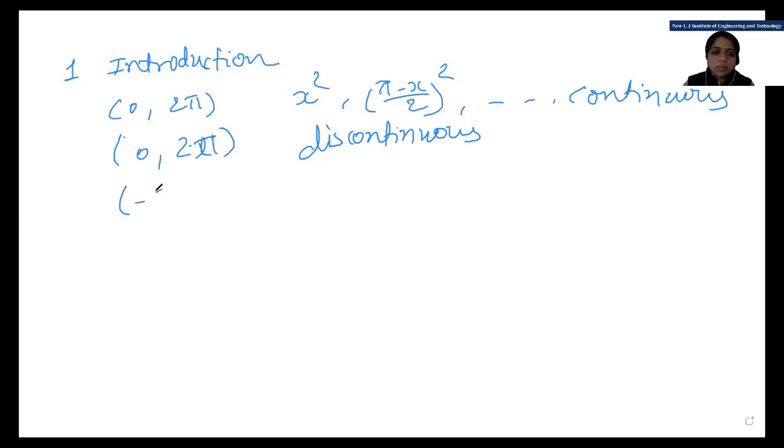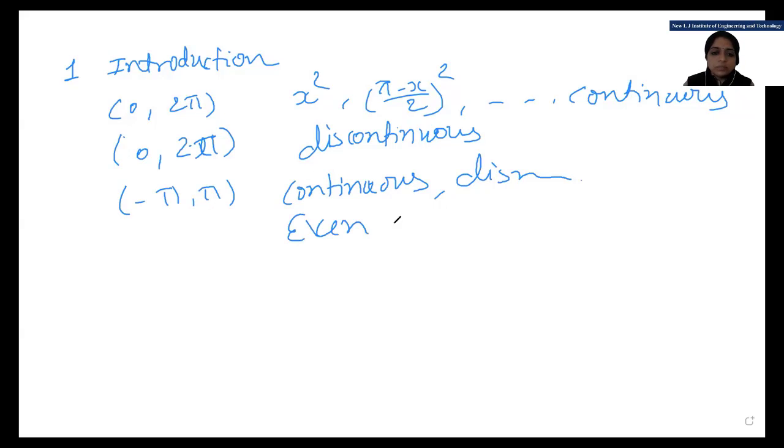Then minus pi to pi, for continuous and discontinuous, and in this minus pi to pi, even, odd, that is neither even nor odd.